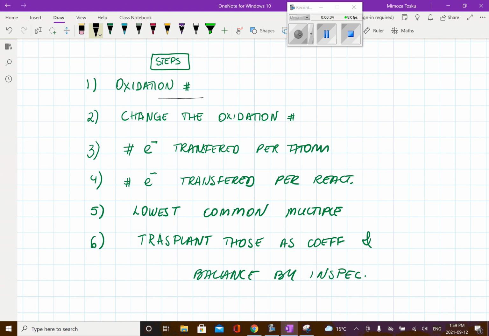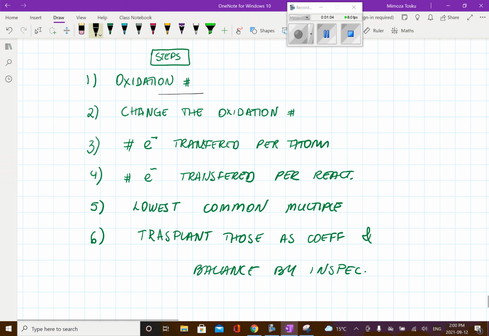element participating in the reaction, identify the change in the oxidation numbers of the element, and then identify the number of electrons transferred per atom, manipulate that into the number of electrons per reactant, find the lowest common multiple between the two, and then transplant those numbers that we found as the lowest common multiple as coefficients in the reaction.